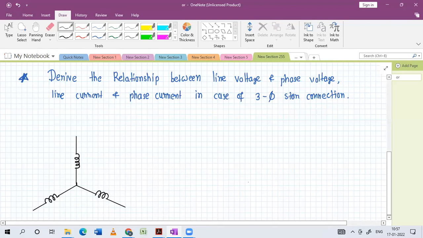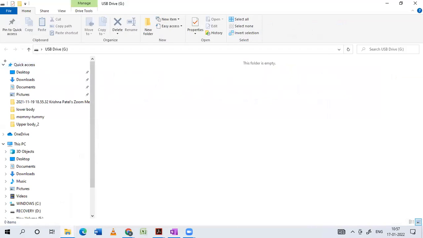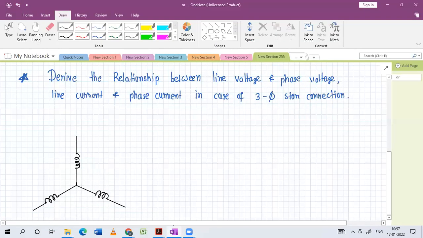Now consider this is your R phase. As I told you, there are three phases R, Y, and B. So here I will give a name.